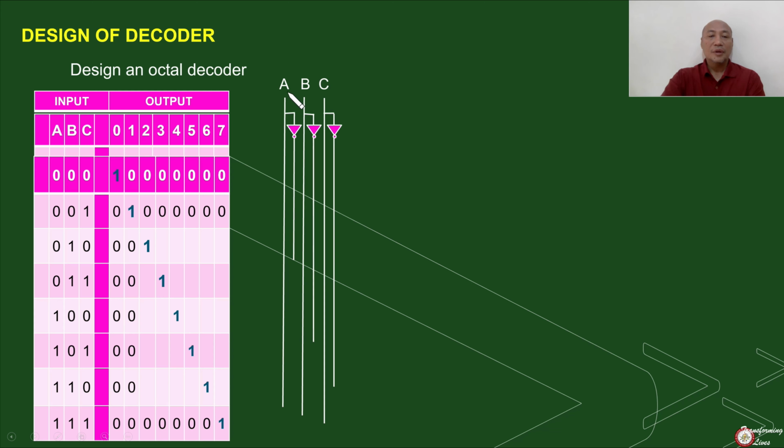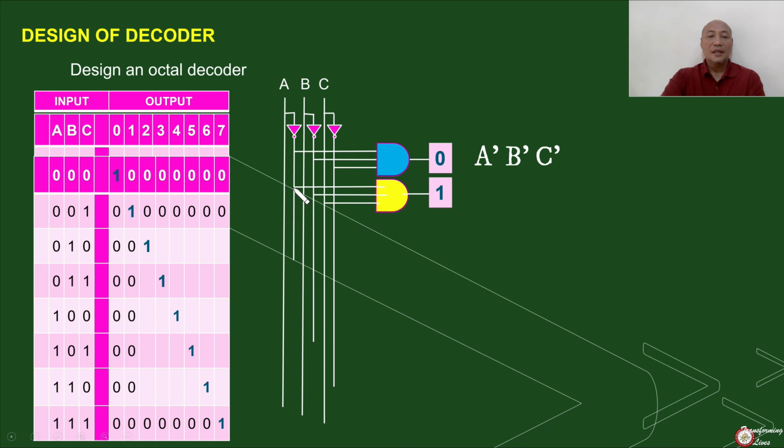To implement, we have inputs A, B, C. How are we going to implement 0? That will be A prime, B prime, C prime, so we need only a 3-input AND gate. A prime, B prime, C prime is equal to 0. Then we have 1: A prime, B prime, C. Then A prime, B, C prime.